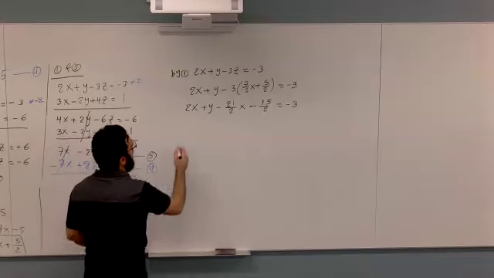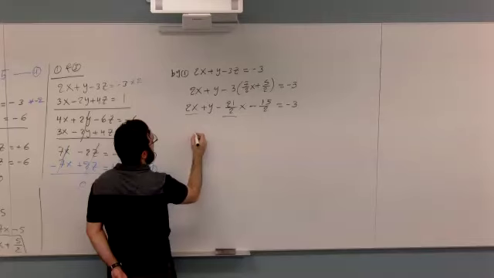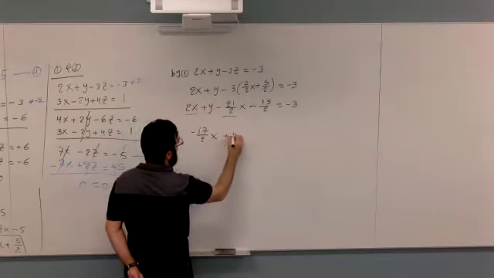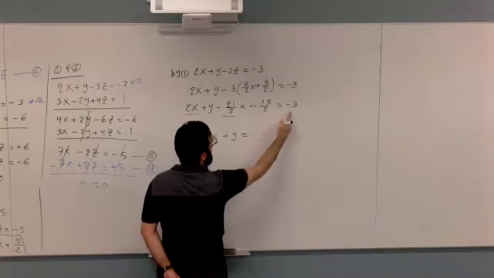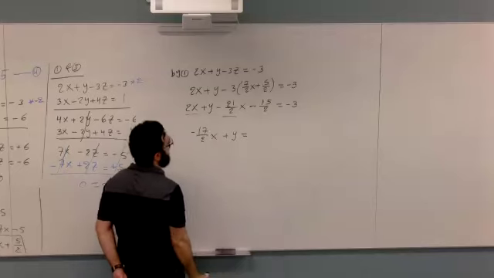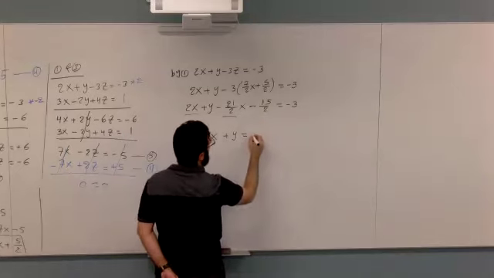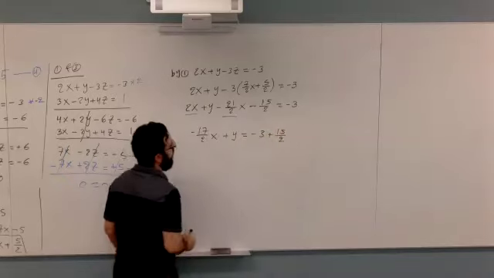Now go ahead. Combine this one with this one. How much is it going to be? -17 over 2. So -17 over 2x plus y equal -3. Let's move this one to the side. -3 plus 15 over 2.